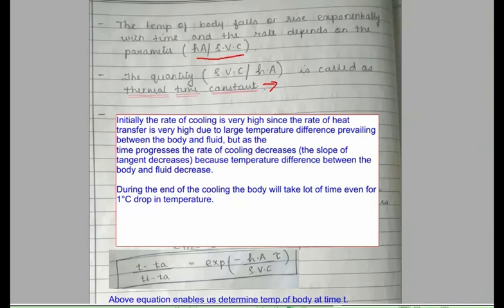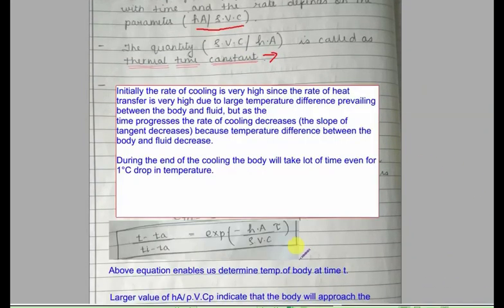So what is this equation? This is the temperature distribution equation. From this equation, what can you find out? You can find out the temperature of a body at a particular time t, small t. For example, what will be the temperature of the body after 5 minutes? What will be the temperature after 10 minutes?